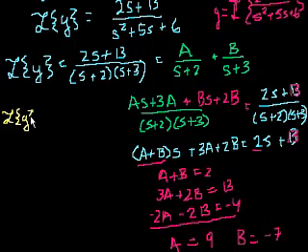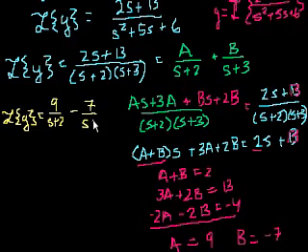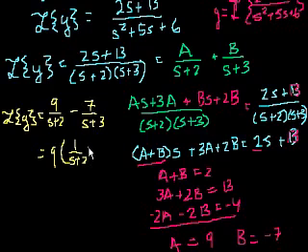The Laplace transform of y is equal to 9 over s plus 2 minus 7 over s plus 3. Or another way of writing it, we could write it as 9 times 1 over s plus 2 minus 7 times 1 over s plus 3.